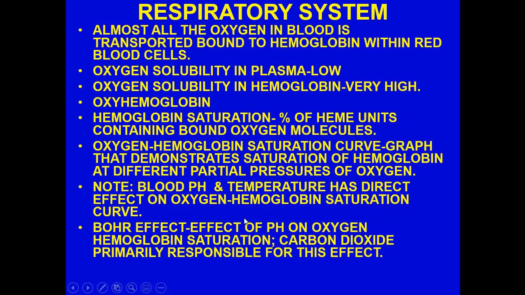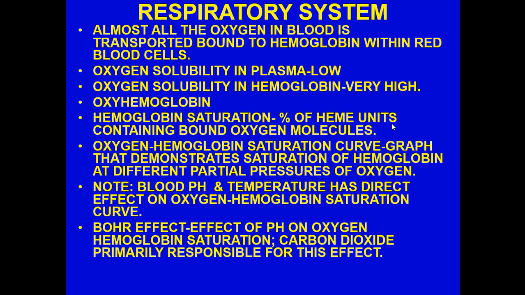Now, a very important point too. Almost all of the oxygen in blood is transported bound to the hemoglobin within the red blood cells, okay? So transport for oxygen is different from the transport of carbon dioxide. I want you to understand that. Oxygen solubility in plasma is low, while oxygen solubility in hemoglobin is very high.